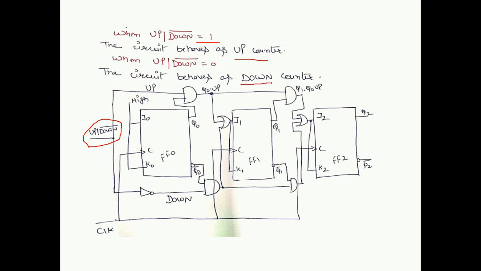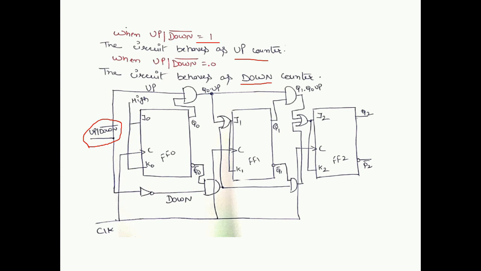We just need to combine upward as well as downward counters together. So first of all, up/down bar is directly given as such in the upward direction over here, whereas it will be given through the NOT gate to the downward direction. Why NOT gate?